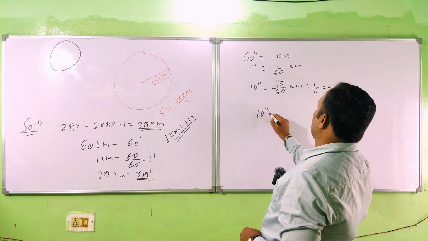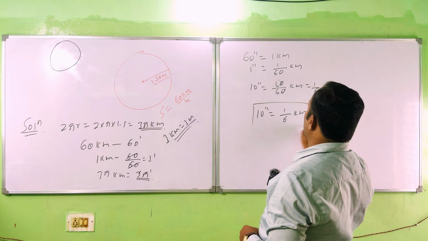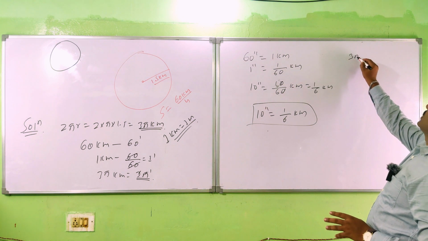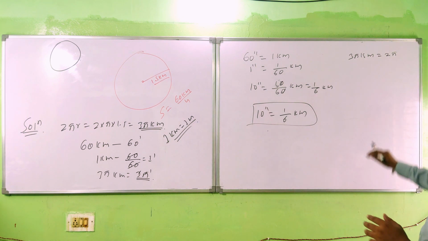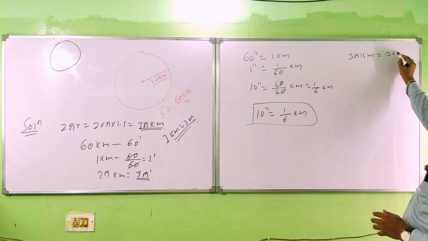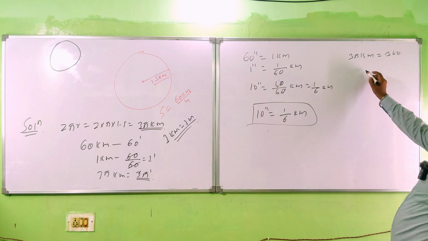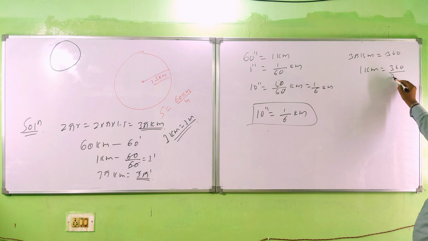For 10 seconds, it moves 1 by 6 kilometer. Next concept is, for 3 pi kilometer, it goes 2 pi radian or 360 degree. They ask for degree, so 360 degree. For 1 kilometer, it goes 360 by 3 into pi.